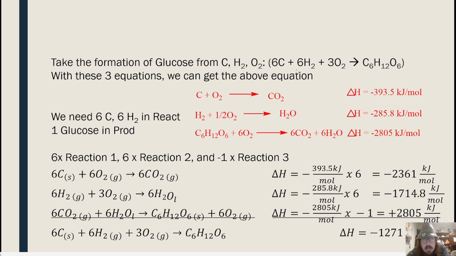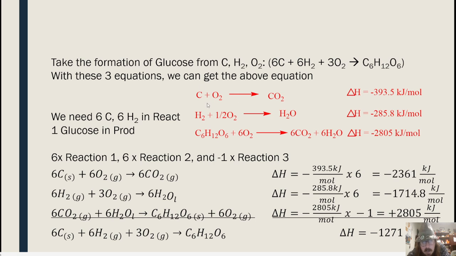So instead of studying this equation that we want, we're going to study these three equations which we know perfectly. We know if we burn carbon with oxygen to complete combustion, this is the energy involved. If we burn hydrogen to completion, this is the amount of energy involved. And if we burn some pre-existing glucose to completion, this is the energy involved.